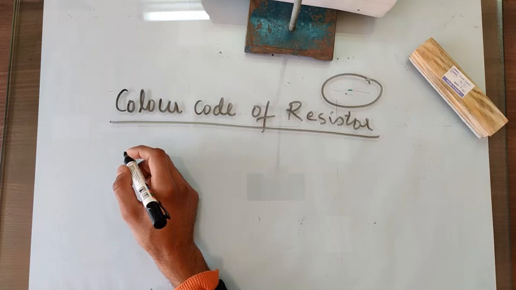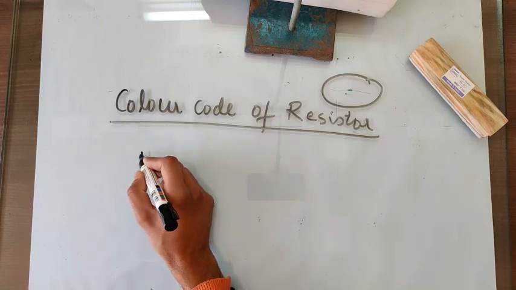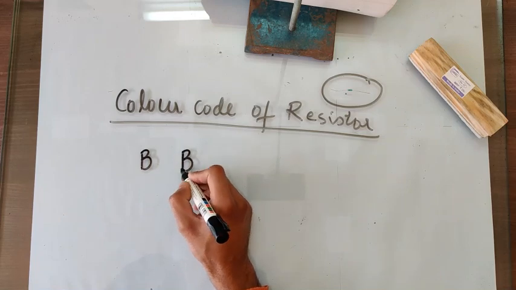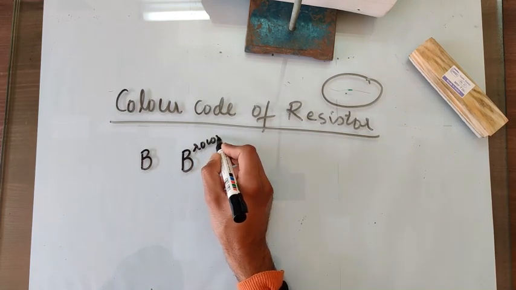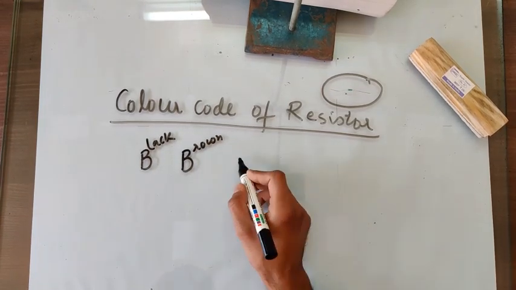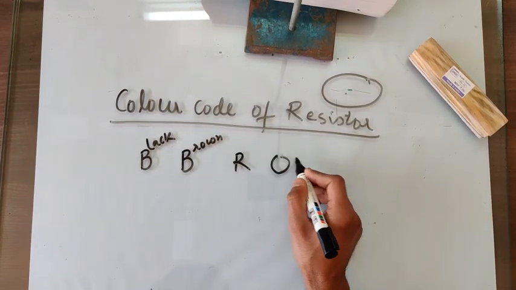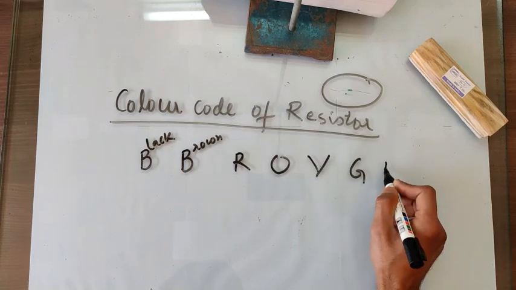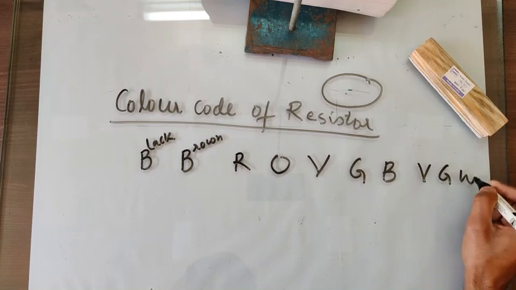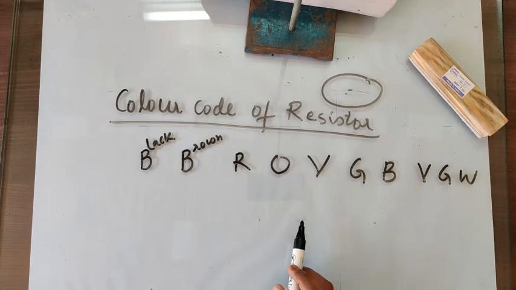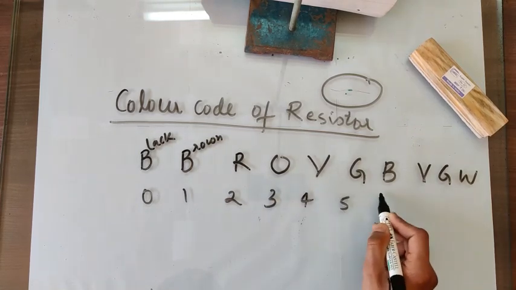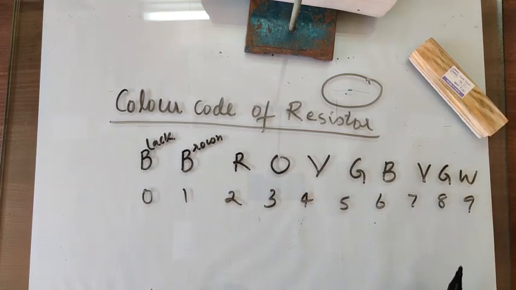So, for black, brown, red, orange, yellow, green, blue, violet, gray, white: 0, 1, 2, 3, 4, 5, 6, 7, 8, 9.